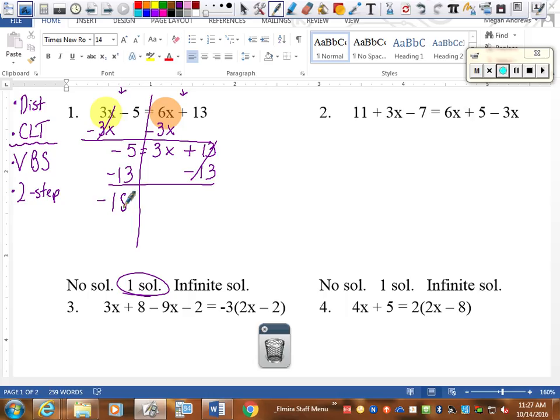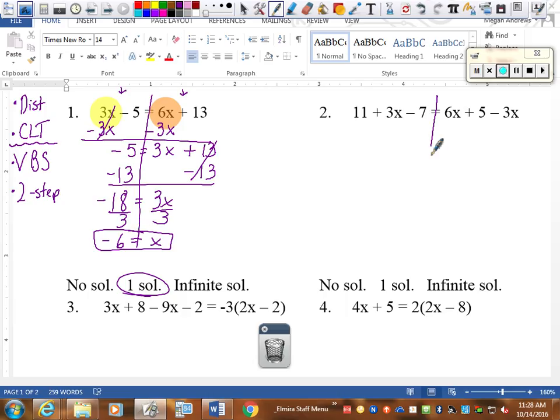And I get negative 18 equals 3x, divide by 3, and x equals negative 6. Okay, so if you go through all your steps and you have x terms that are different, that's when you're going to continue on, you're going to solve, you're going to find your one solution.